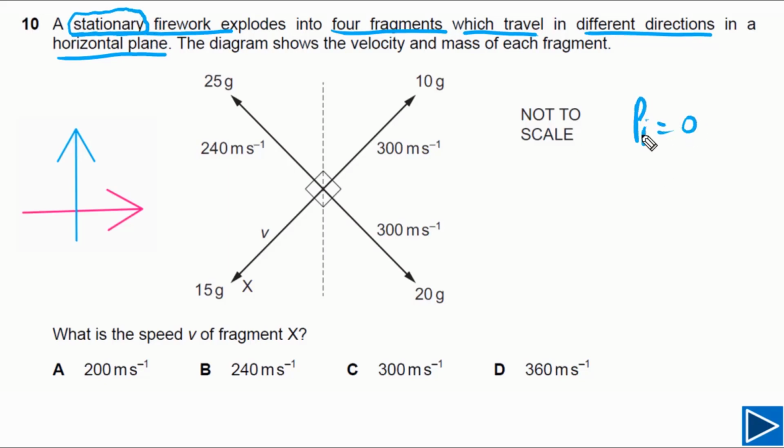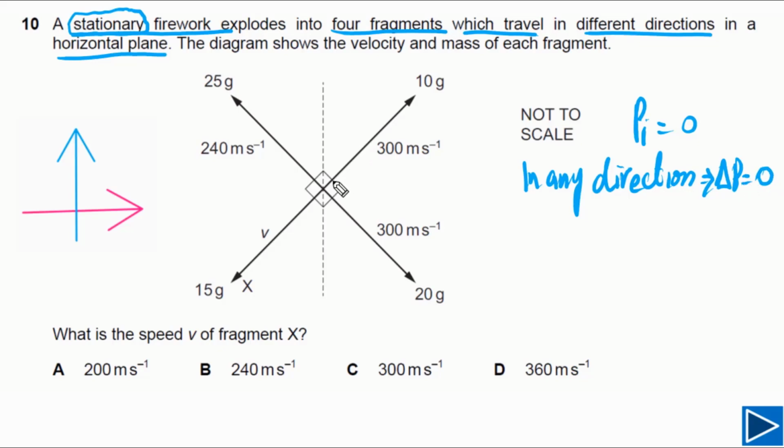So the final momentum also has to be equal to 0 because this is an isolated system. So simply we can say that in any direction change of momentum has to be equal to 0. So we can write down in any direction delta p has to be equal to 0.